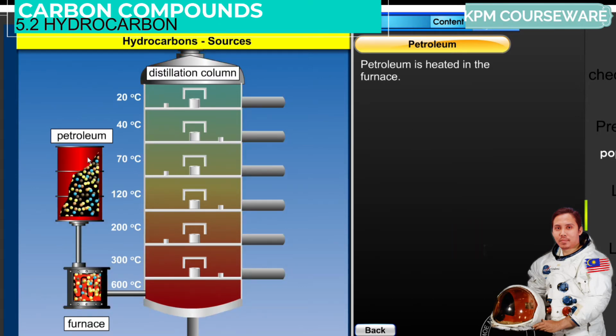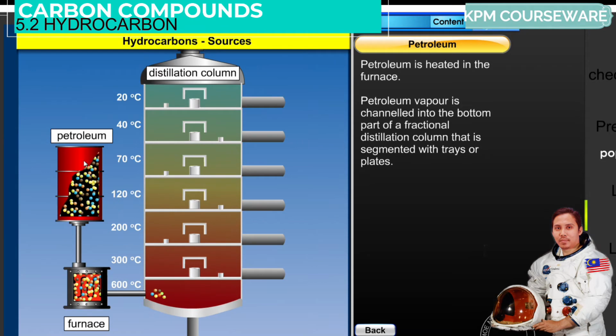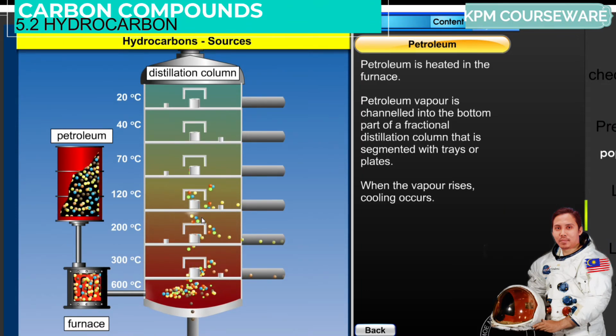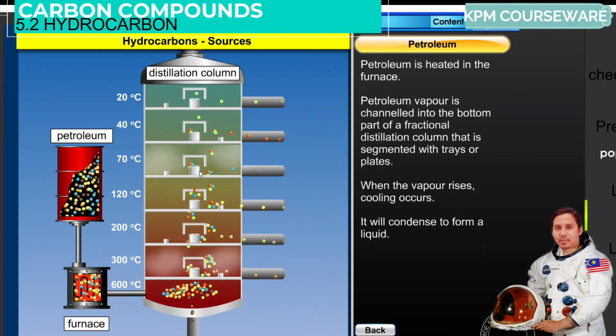Petroleum is heated in the furnace. Petroleum vapor is channeled into the bottom part of a fractional distillation column that is segmented with trays or plates. When the vapor rises, cooling occurs. It will condense to form a liquid.